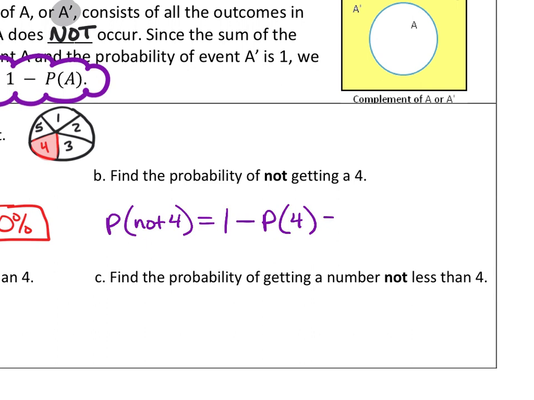We just learned that the probability of getting a 4 is 0.2, or 1/5. In fact, let's use the 1/5. I think that'll illuminate some things for us later. Calculator people, 1 minus 1/5, I'll fast forward for us, is 0.8, which is what percentage?